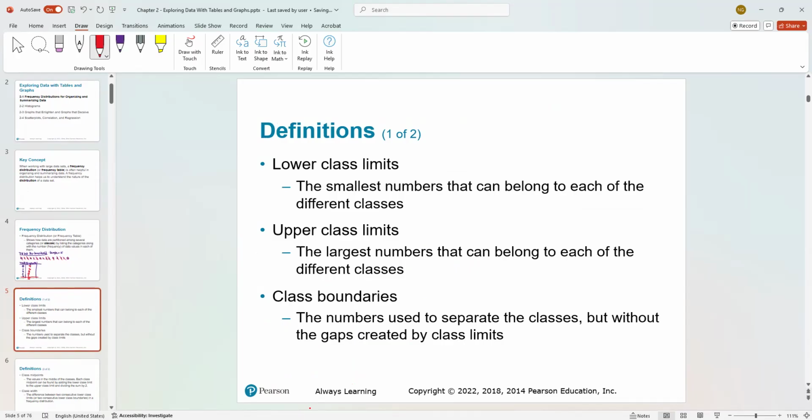When you construct a frequency distribution table, you need to identify the lower class limit. Let's suppose you want to organize students' ages from 15 to 50.